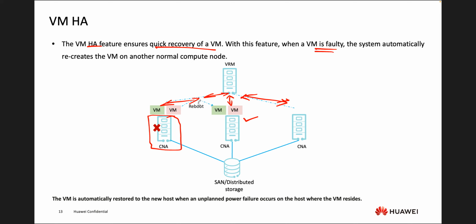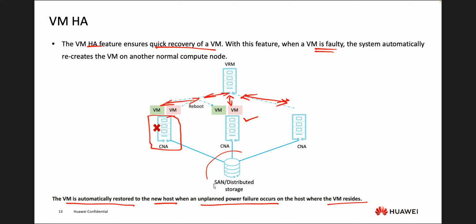In this case, one is on, one is off. But again, what we're seeing is the VM is automatically restored to the new host when an unplanned power failure occurs on the host where the VM resides. So this VM is now down, but before it goes down, because of the heartbeat messages that it can send across these nodes, you basically can move the VM instantly across, knowing that the server is going to fail, right?